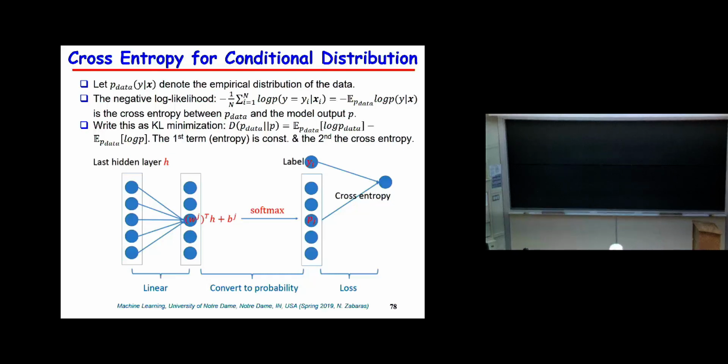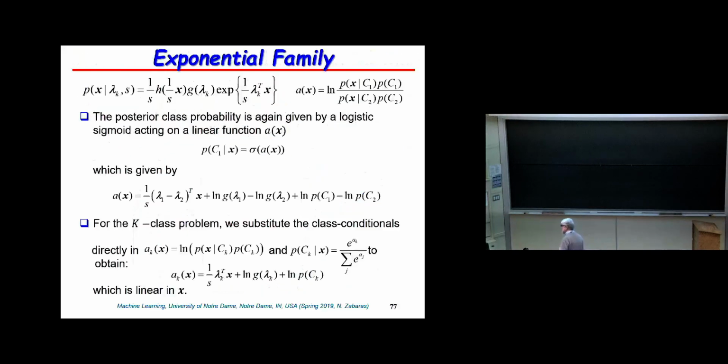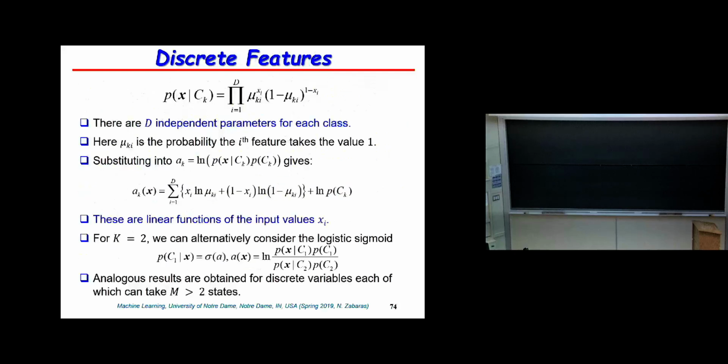There is an information theoretic approach to these things. I'm not going to put the slide because maybe it is not in the spirit of this class, but let me just say, if you think of this model that we got for Gaussian and Bernoulli class conditional distributions, what you have is some linear functions of the input x.